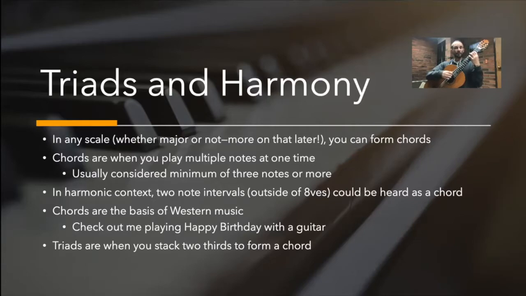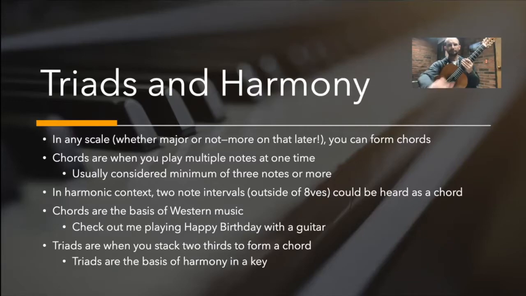The second note was B, the middle note, and then you have G, 1, 2, 3, 4, 5. So 2 thirds. There's a third away and a third away. A triad. Triads, as I said, are the basis of harmony in a key.